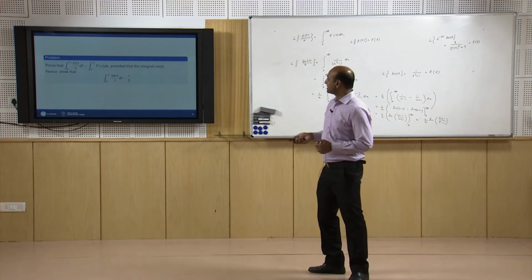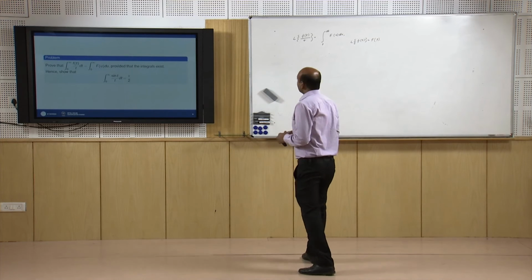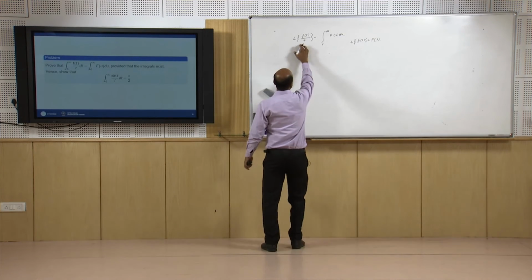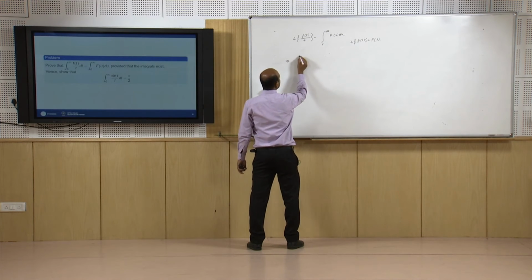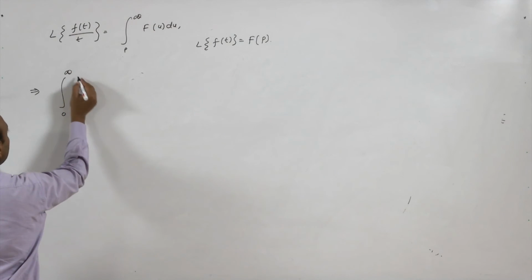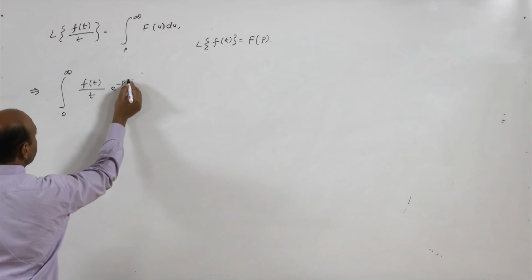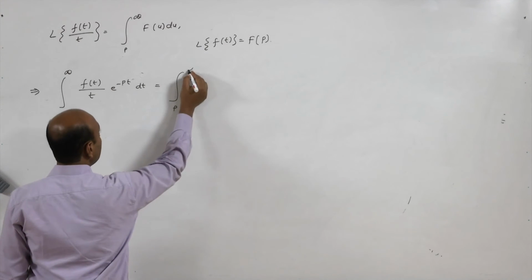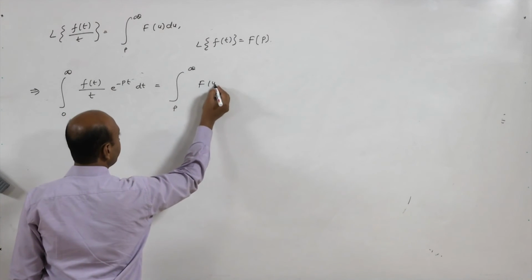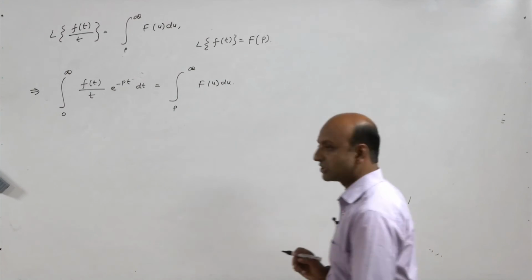Now, let us try to prove this simple problem. From here we can see that the Laplace transform of f(t) by t, which is the integral from 0 to infinity of f(t) by t e to the power minus pt dt, will be equal to the integral from p to infinity of F(u) du. This is from this expression.